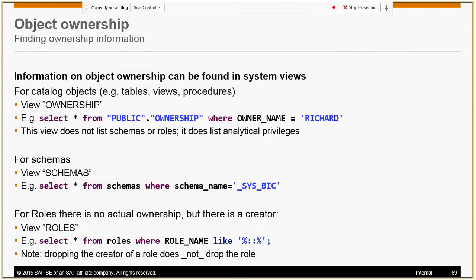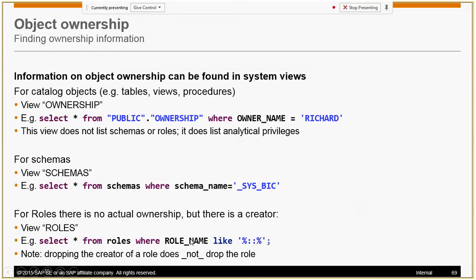Still about information about this object ownership concept. Here there are a couple of queries that you can execute on the system to see all the objects associated to a particular user, so owned by a particular user. And for schema and roles, there are additional tables. So here you see the list of all the object types except for schema and roles, which are maintained in a different view.